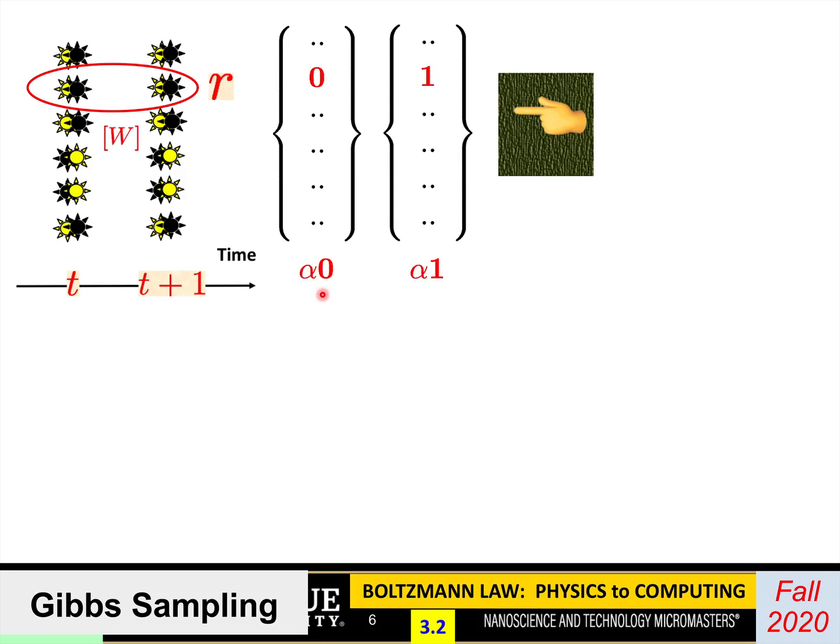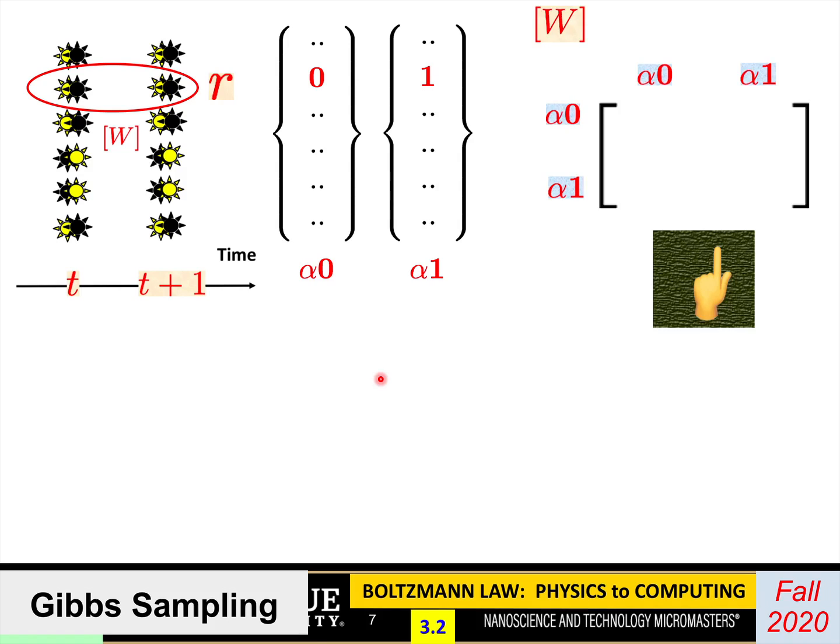So that our choice is between alpha 0, meaning the rest of the neurons in alpha and the rth one in 0, or the rest in alpha and the rth one in 1. And when we try to write down the W matrix, that's the transition matrix, we are basically trying to write down this 2 by 2 section.